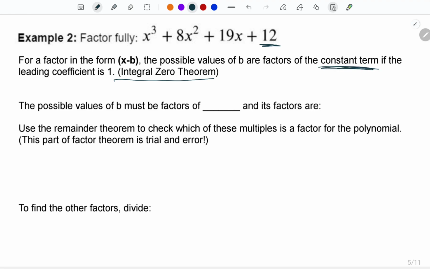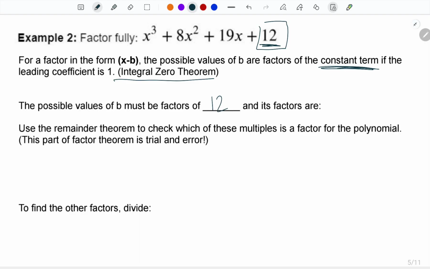And that's going to be the key thing. That's true if we're looking at something which has no lead coefficient. We'll see what happens if there is a lead coefficient, but in this case, we just need to look at the constant term. So the possible values of b of our factor must be factors of 12 in this case.